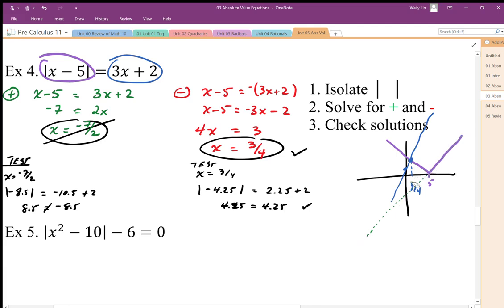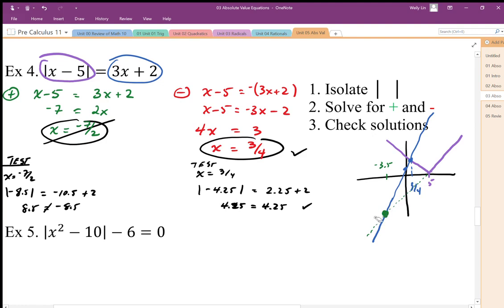But if we let it keep on going, you can see that there would be an intersection, which doesn't actually exist, and it happens to be at negative 3.5.